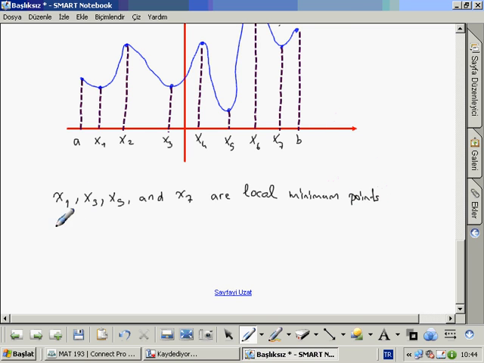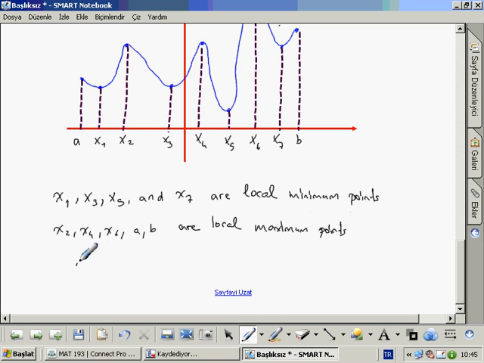And x2, x4, x6, A and B are local maximum points.